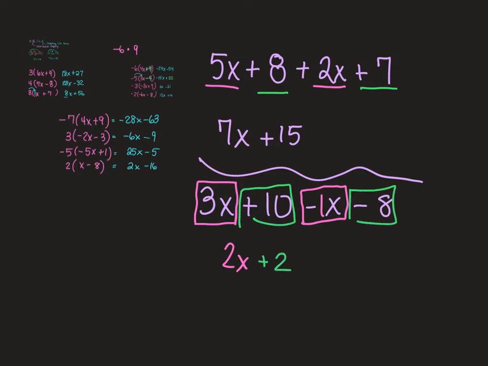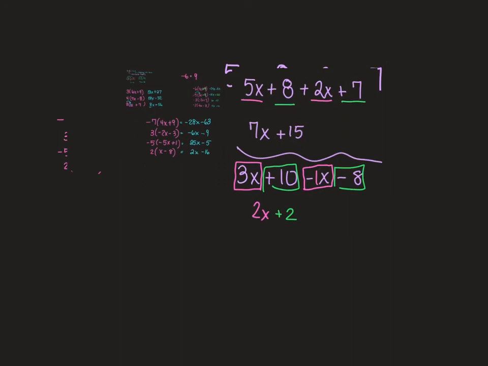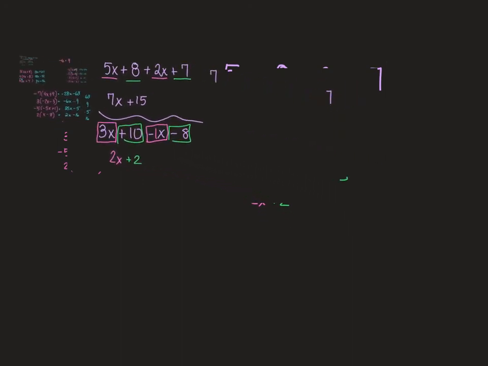And since it's a positive 2, I have to actually write plus 2. If it was a negative 2, I'd write minus 2. That plus sign is also a positive sign. So I can add and subtract these, and I can add and subtract these because they are the same kind of term.